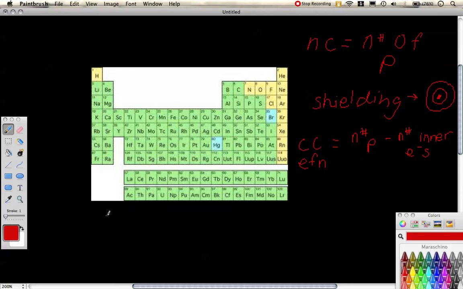So if we concentrate on across a period, then we can draw a big long arrow like this, and the ionisation energy, IE, and the electronegativity of any element will increase as you move across a period. Atomic radius, on the other hand, will decrease as you move across the period.